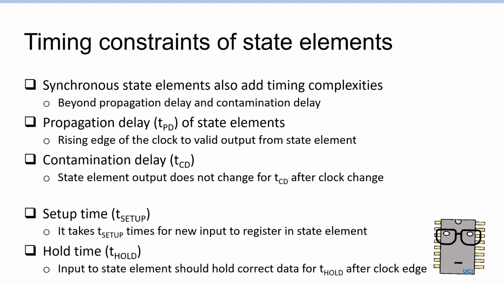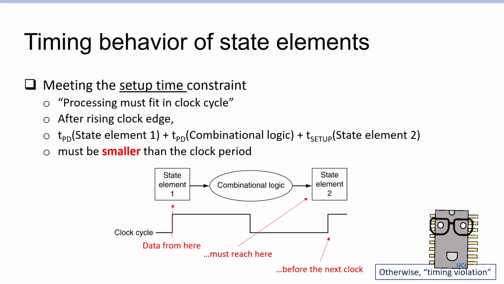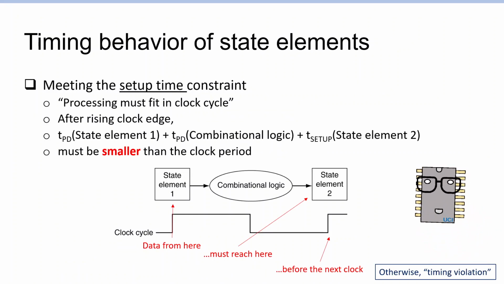The final newly introduced timing characteristic is the hold time, which basically says the input to a state element should hold correct data for at least this amount of time after this current clock edge. Again, I'm going to have illustrations about this fairly soon. So these new numbers introduce a new set of constraints.